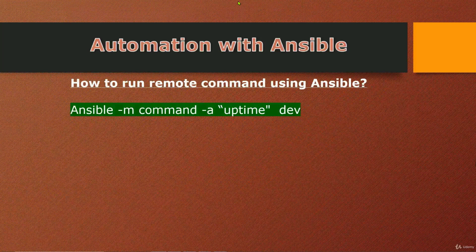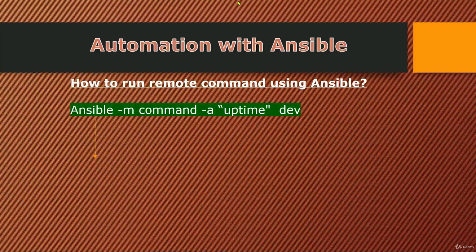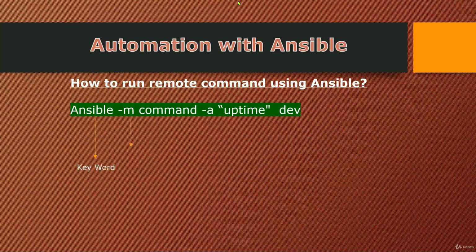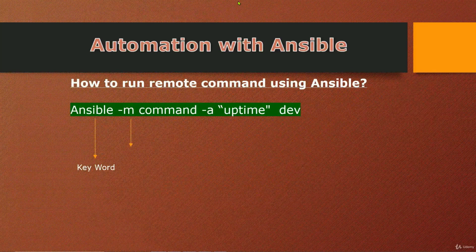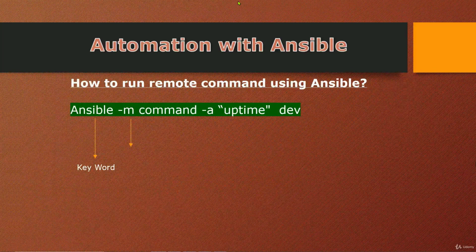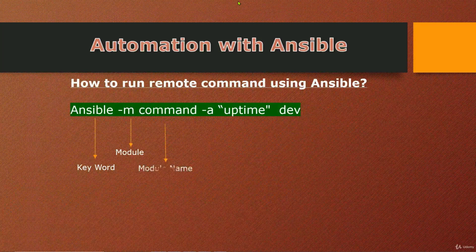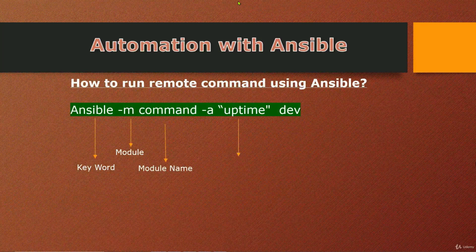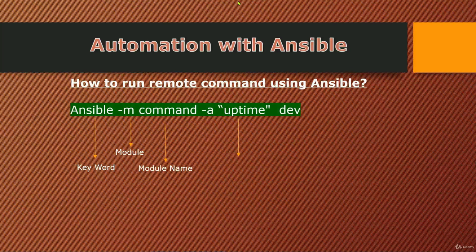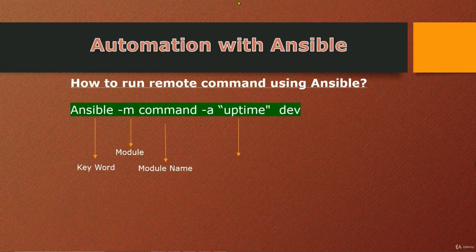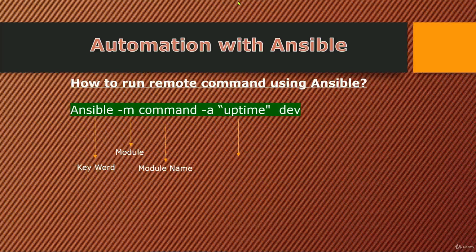Let's understand the syntax. First is the keyword. Ansible is the keyword. M is for module. What module am I using here to fetch the output? Command is the module name. I am using the module that is command. What command do I need to run on my client machines? That is uptime. I need the uptime.